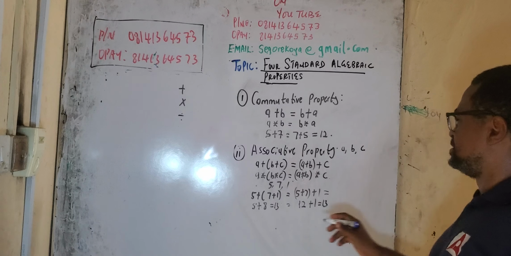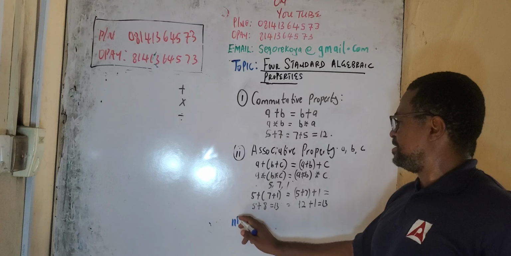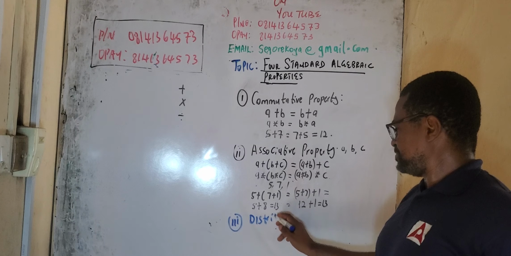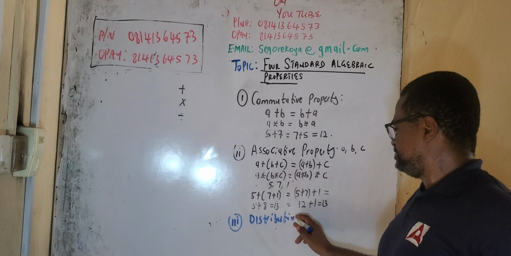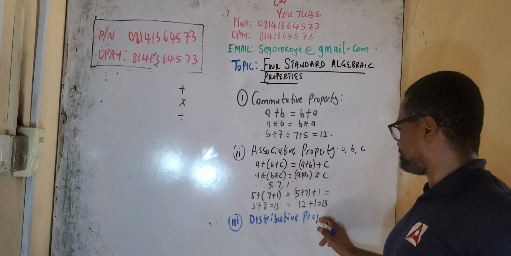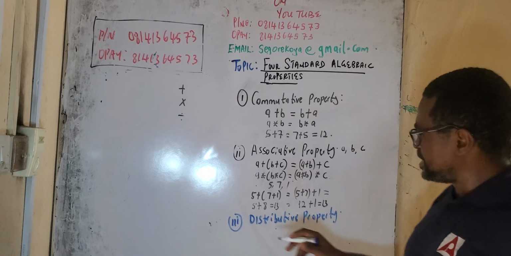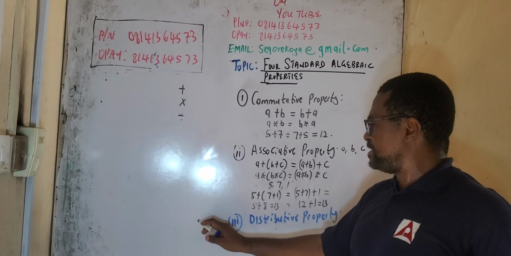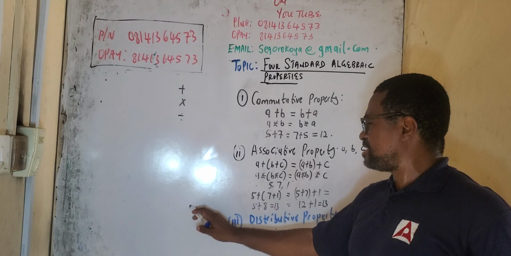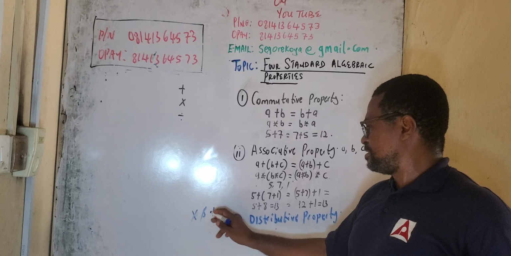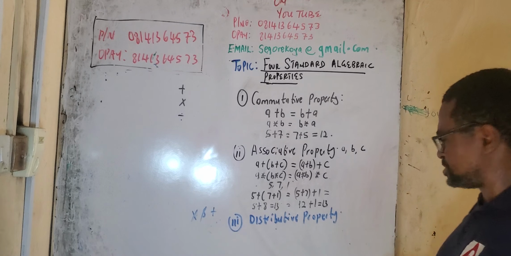Then the next one that we want to consider is called the distributive property. In this distributive property, I'm considering the arithmetic operation times and then operation addition, that is plus.